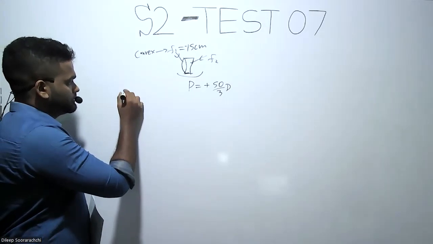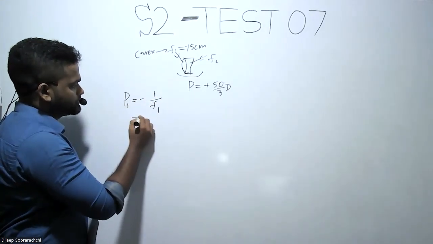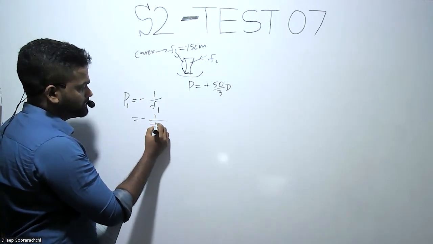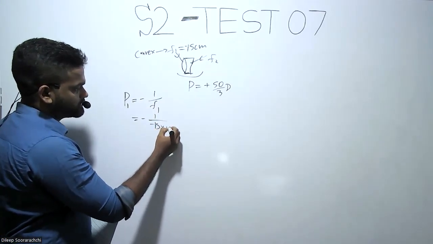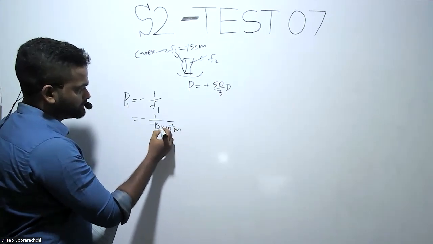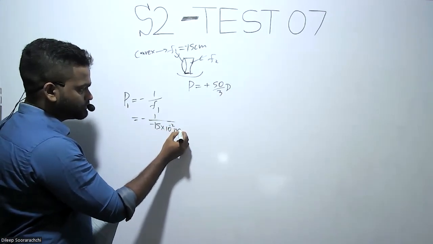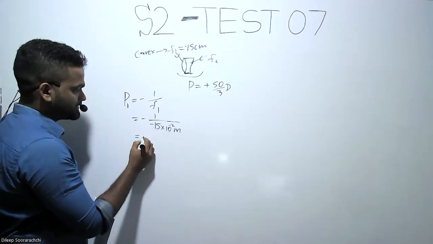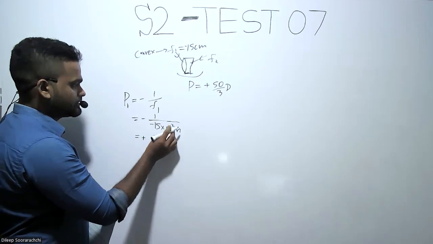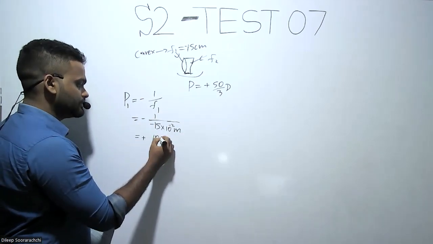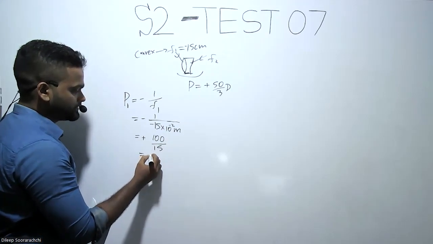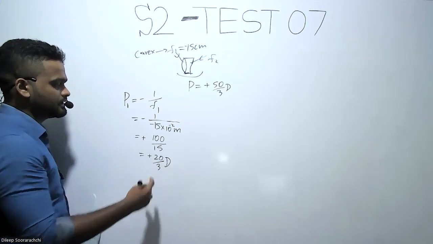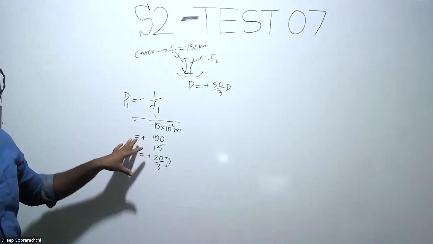Let's say P1, that is 1 over f1, which is 1 over 15 centimeters, so it is 1 over 15 times 10 to the power minus 2 meters. This goes up, 100 divided by 15. So this is 20 divided by 3. This is the power of the convex lens. I just found that.